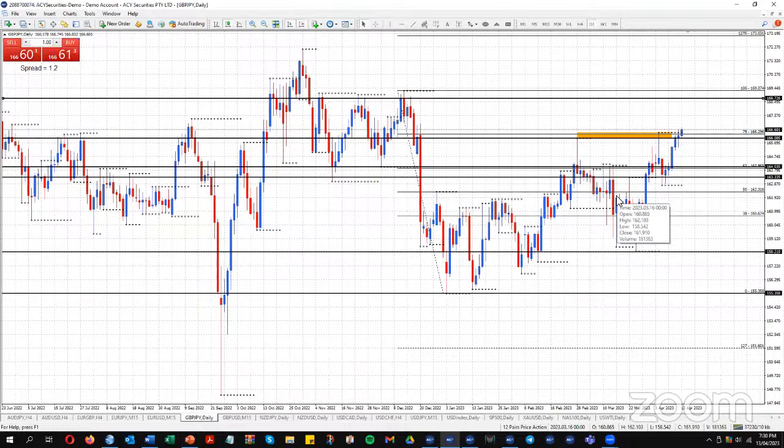So 166 is that high to the left. We're trading what, 60 pips above there. That's nothing for the pound yen. It can move 60 pips in 30 minutes. So later today we could be moving back below 166. So I will just be watching this area at the moment.